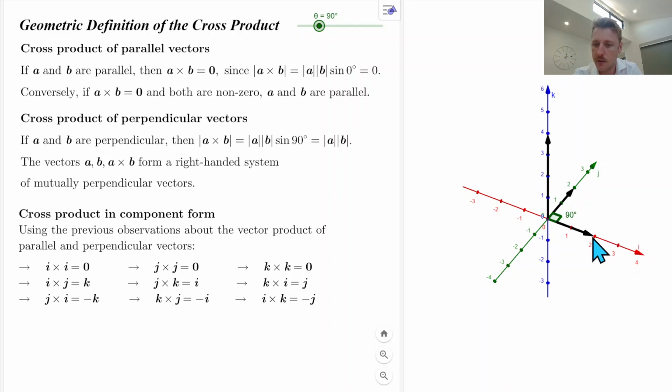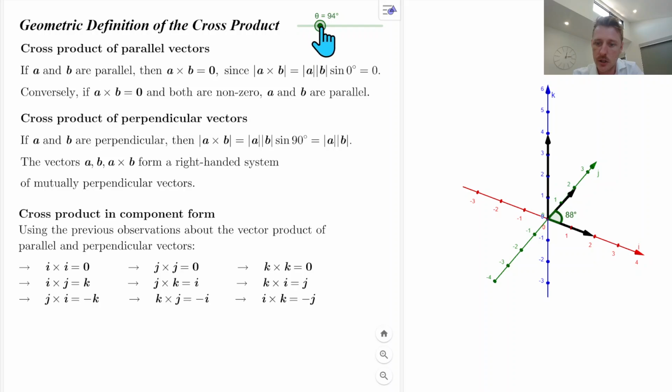That's going to form a parallelogram, which in this case will be a square. The area of that square will be 2 times 2, which is 4. And we know that the direction will be perpendicular to the plane containing A and B. So again, using the right-hand rule, point your fingers in the direction of A, curl towards B, and then the cross product direction vector will be pointing up, and you'll notice it has a magnitude of 4. So that's what's going on there.